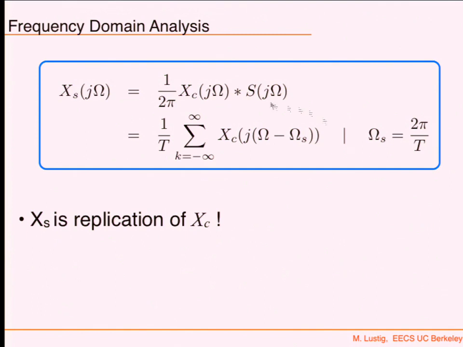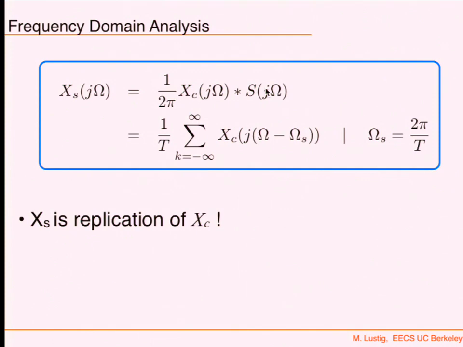So X sub s of j omega is going to be, okay, now you've got this: if you have a multiplication in time, you've got a convolution in the frequency domain. You've seen this before, so your convolution is going to be 1 over 2 pi X sub c of j omega convolved with this impulse train, which is S of j capital omega.